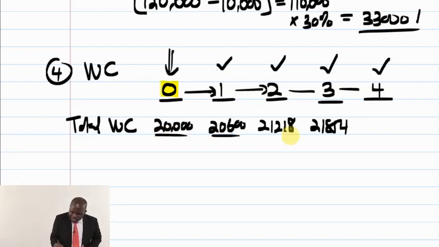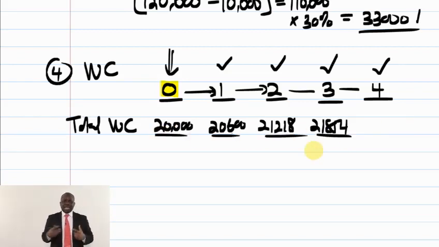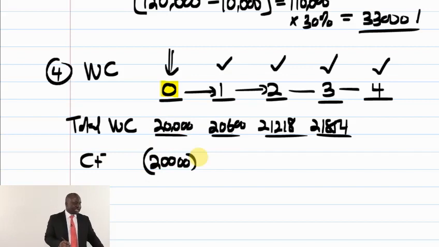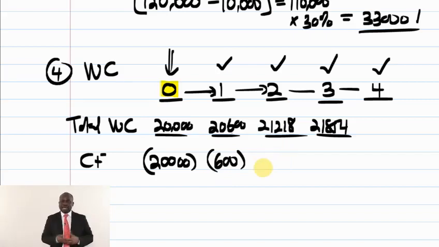However, we need cash flows, and cash flows are incremental for them to be relevant. So what will be the working capital cash flows? I put in 20,000. It increased to 20,600. It means there is a 600 difference. And then it increased again. When working capital increases, it is a cash outflow.